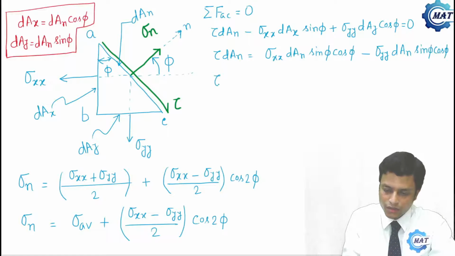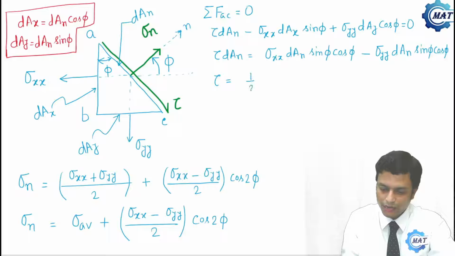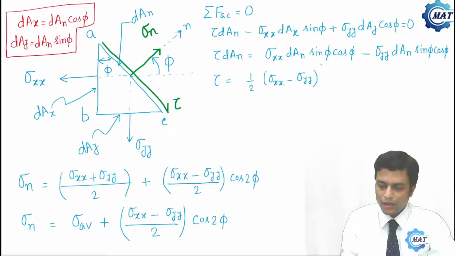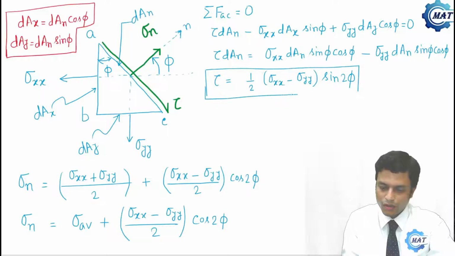So tau becomes what? Half of sigma XX minus sigma YY into 2 sin phi cos phi, which is nothing but sin 2 phi. So this is the expression of tau. We have determined tau also.